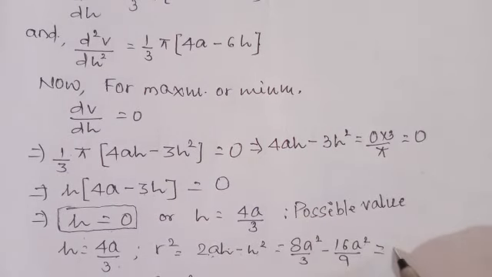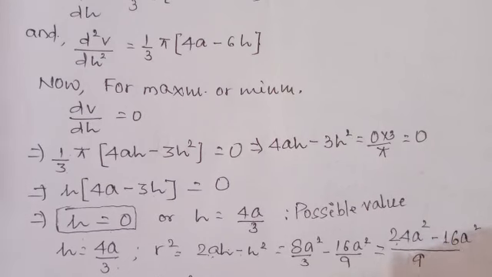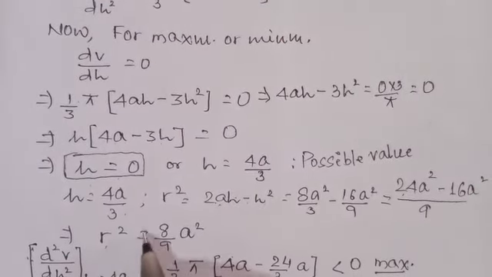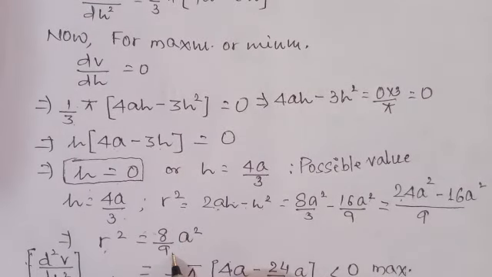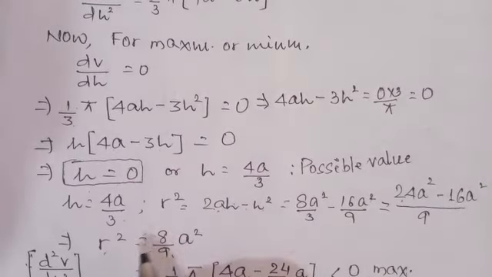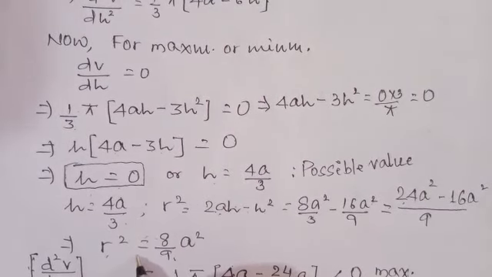Take LCM, which should be 9. 24a square minus 16a square, which is 8a square by 9. That is the value of r square, 8a square by 9. Thus you have got the value of h as well as r square.